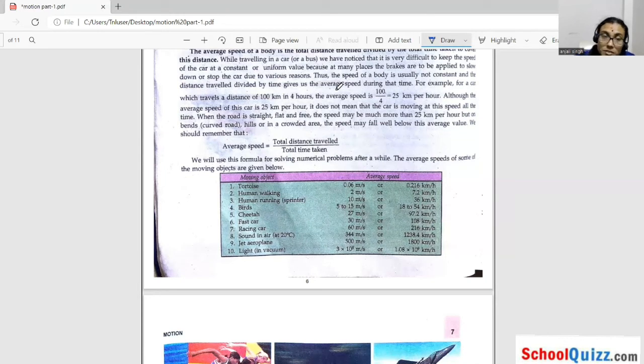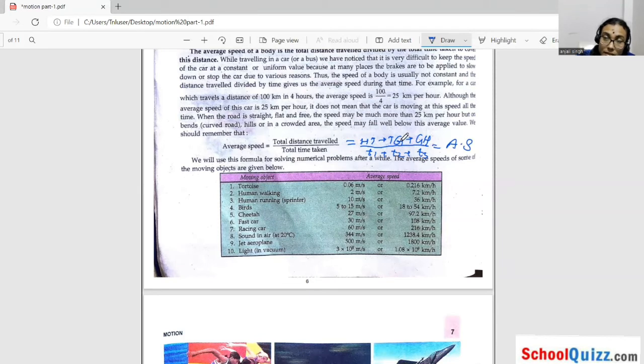Whatever distance you travel, we take the total distance and total time, with T1 here, T2 here, and T3 here. So this will give you the average speed.